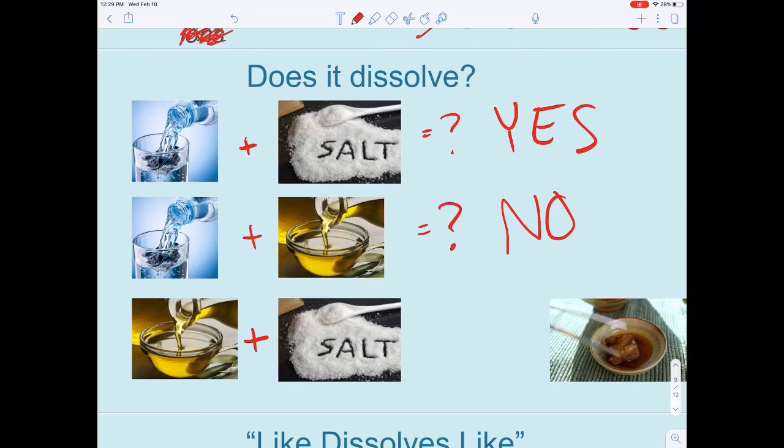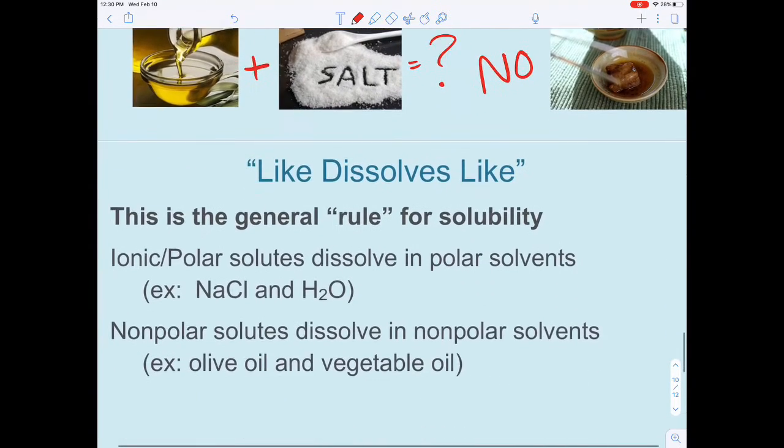So think about when you've had Korean barbecue and you get sesame oil with salt and pepper, one of my favorite dipping sauces. What do you think? Does this dissolve? The correct answer is no. These do not dissolve.